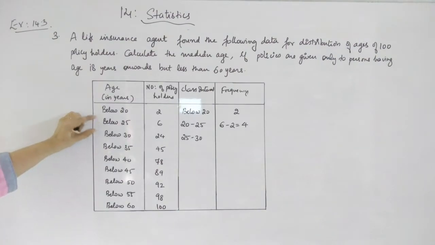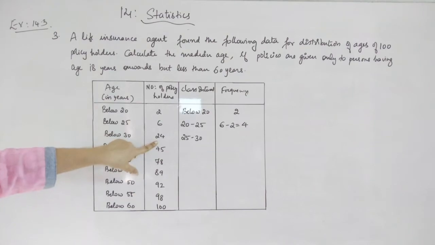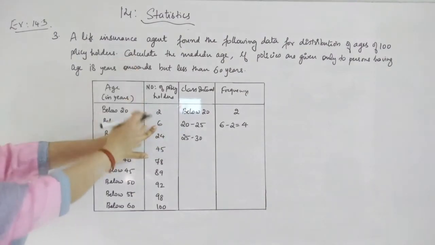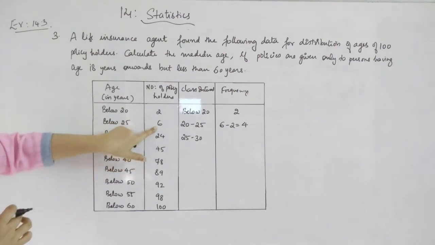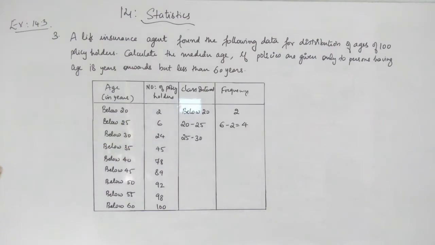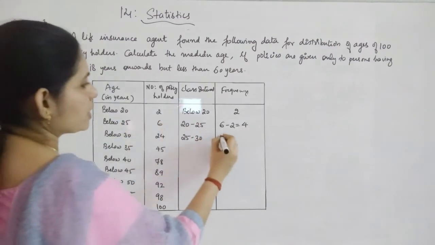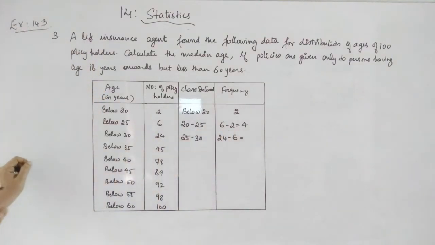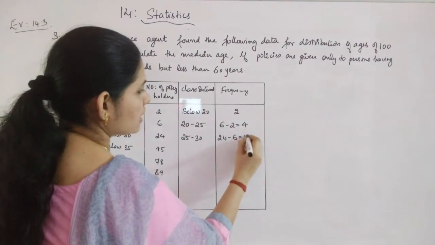In total you have 24, and from that you reduce 6, because 6 is included in that total. So if you subtract 6 from this, you will get the remaining, that is in between 25 and 30. So that will be 24 minus 6. How much is 24 minus 6? It is 18. So you are getting 18 here.